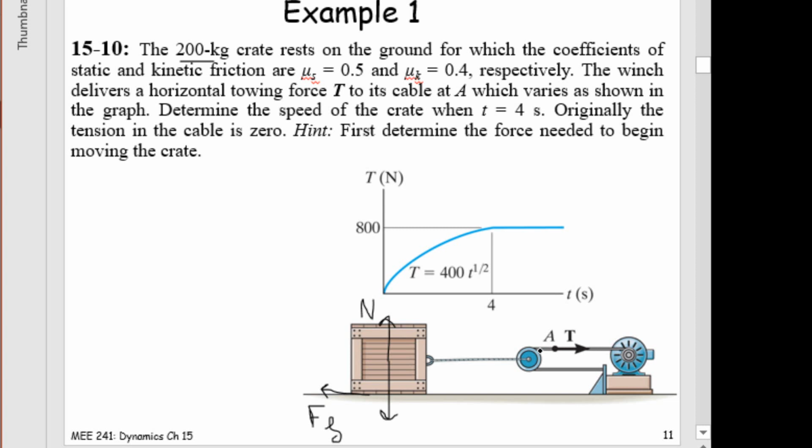Now, what are the forces exerted on this crate? Also, I have 2T. Alright, so this is the first T and this is the second T. Now guys, I know that you can think of this crate as your free body diagram, and then you have to consider this force here, but don't forget guys that this force here is equal to 2T because the pulley is in static.